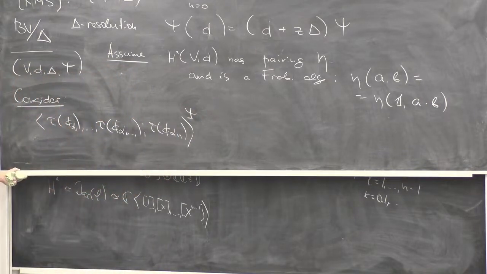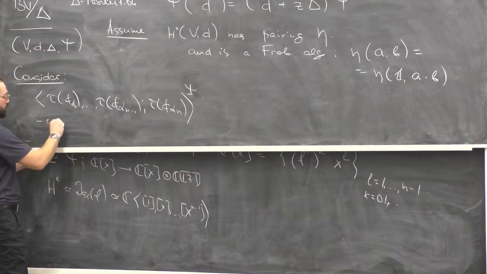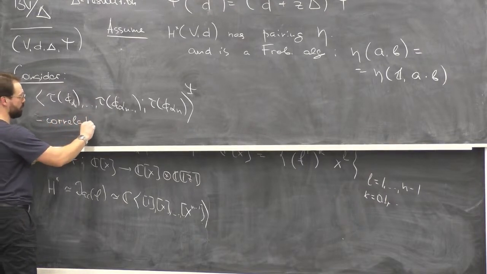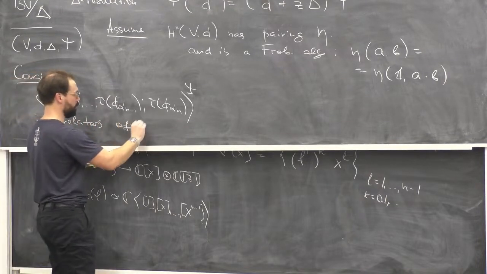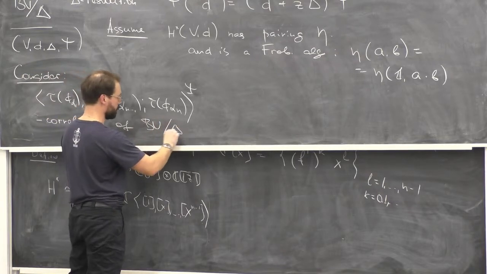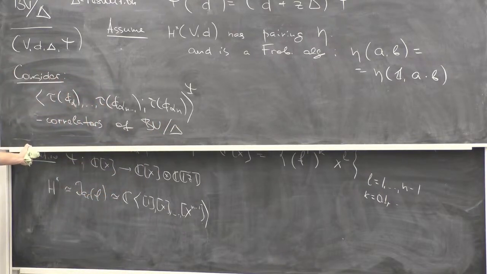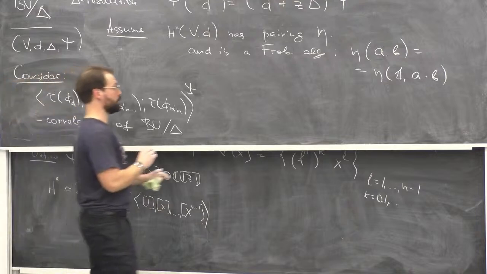I will call them the genus 0 correlators of BV with resolved delta. Who are phi? Good point.